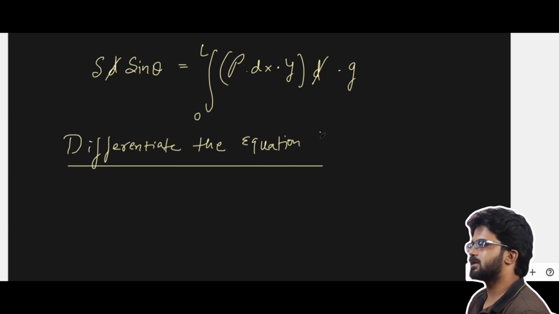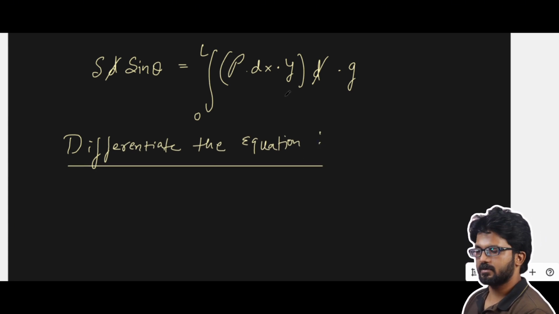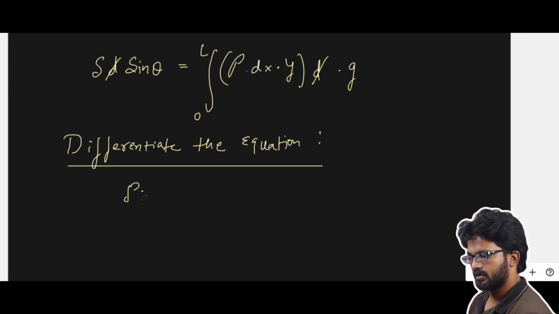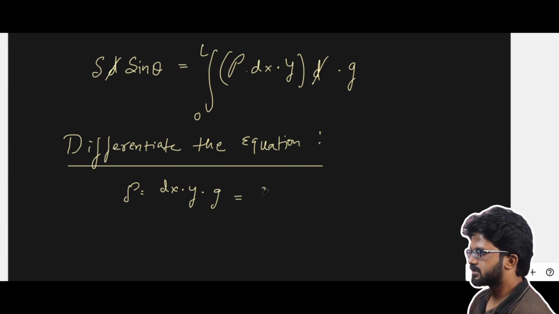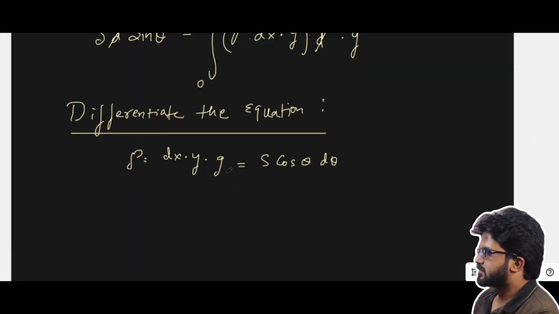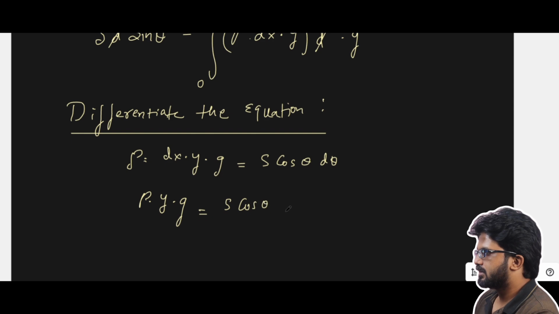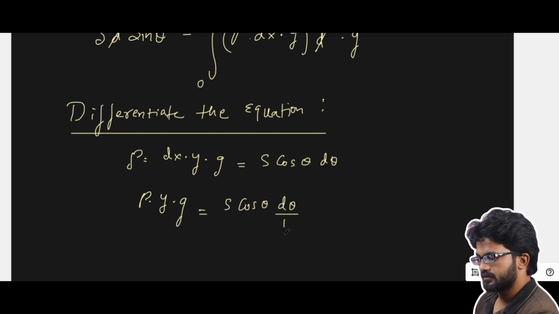So once we differentiate it, this integral sign will disappear, and we are just going to write this equation as rho times dx times y times g is equal to S cos theta d theta, right? So rho times dx times y times g can be represented as S cos theta times d theta, and we can represent it as rho times y times g as S cos theta d theta by dx.